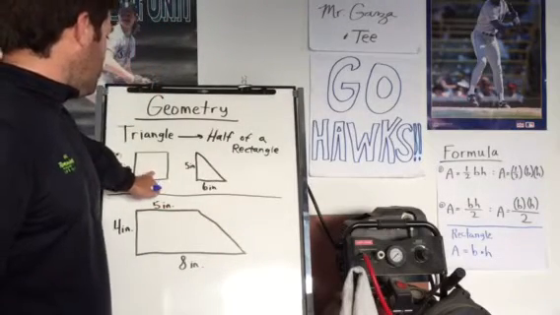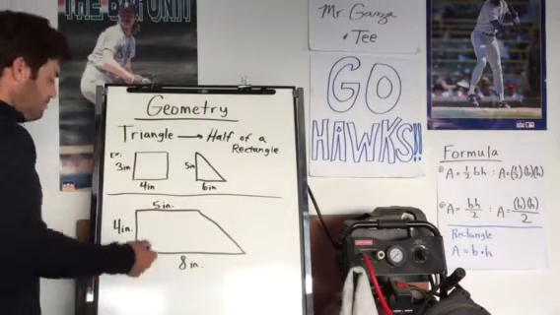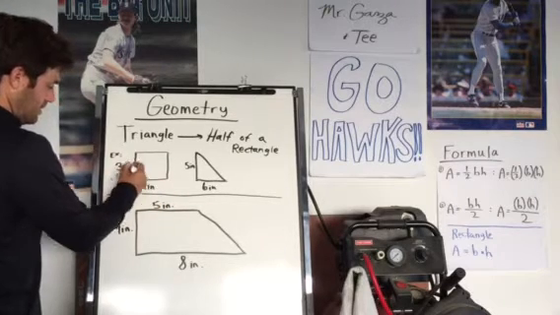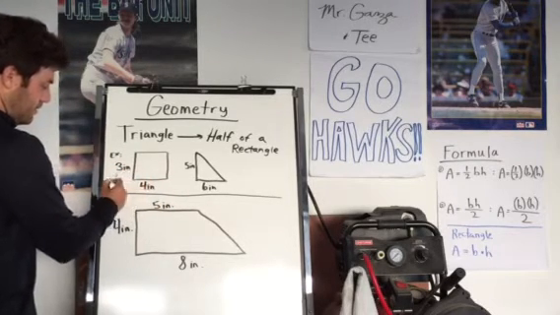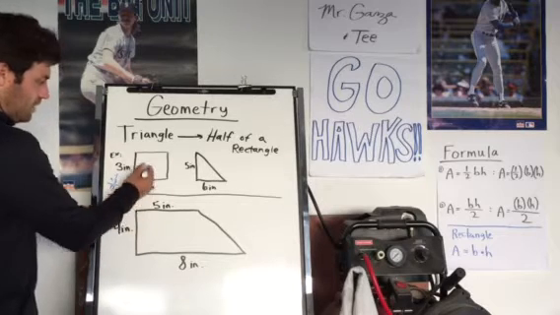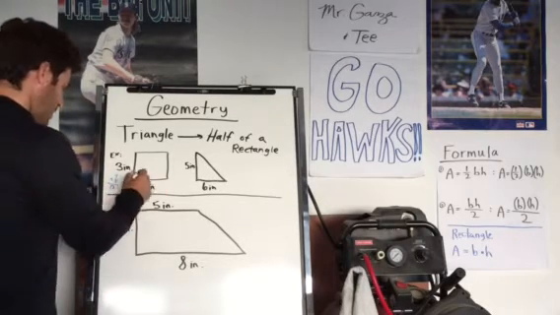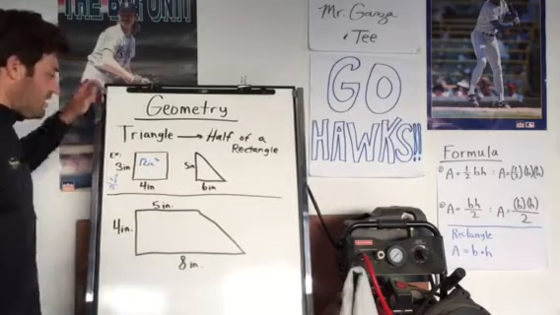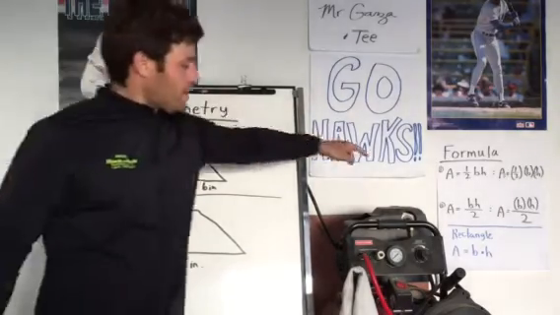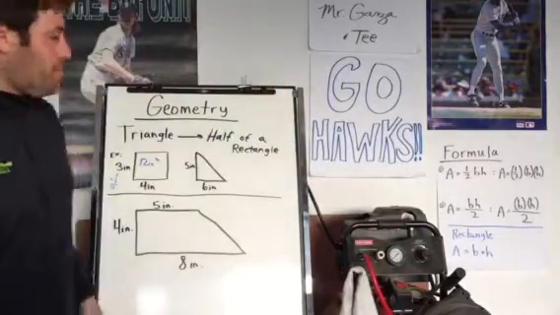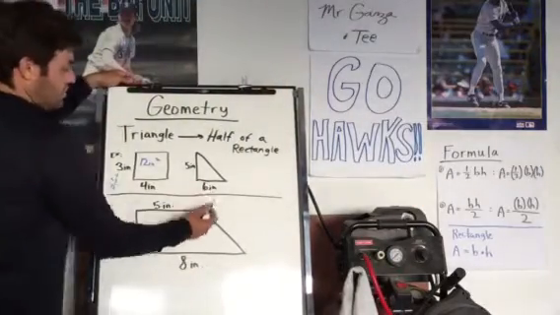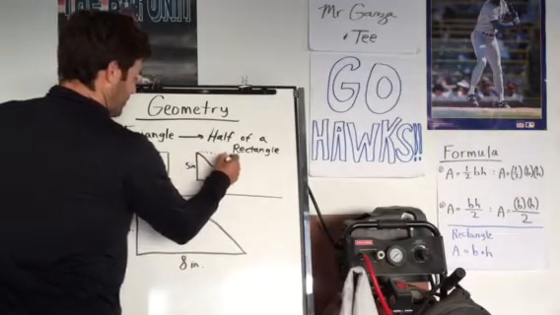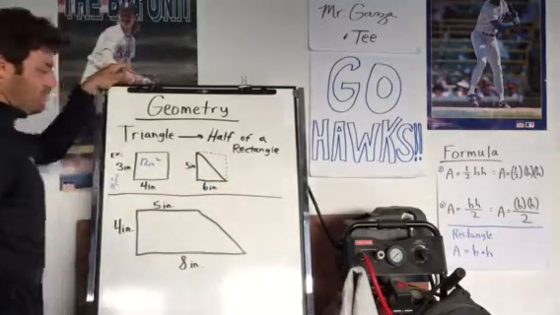Area of a rectangle, base 4 times height 3, 12. So the area of this shape would be 12 inches squared. Remember, for a rectangle, find the area of base times height. Triangle now: remember, a triangle is 1/2 of a rectangle.